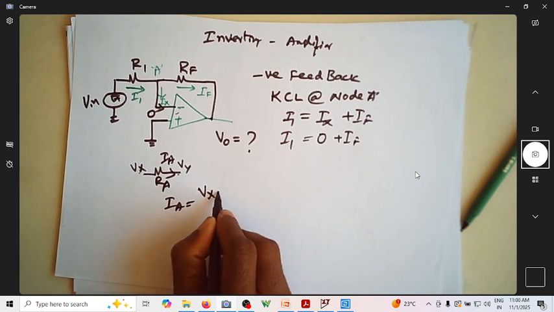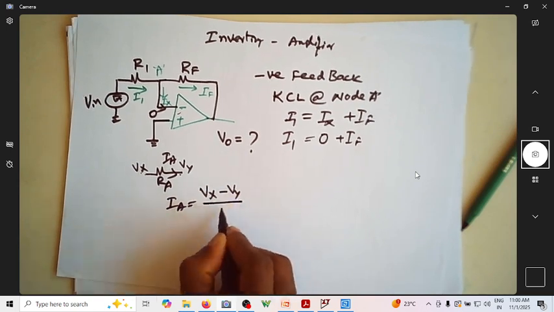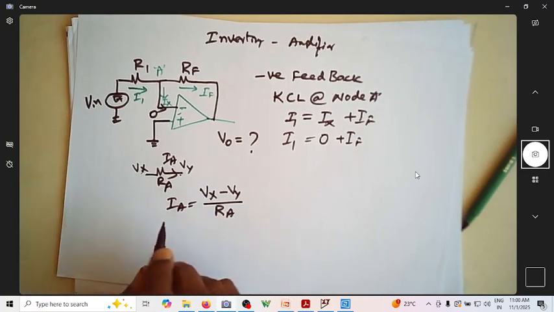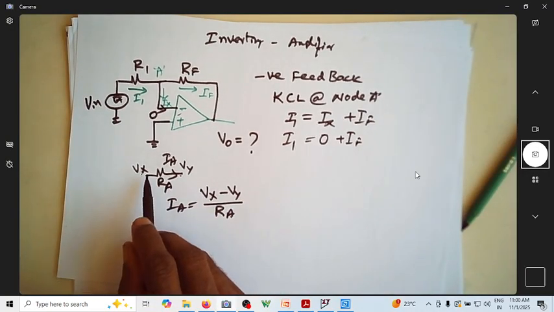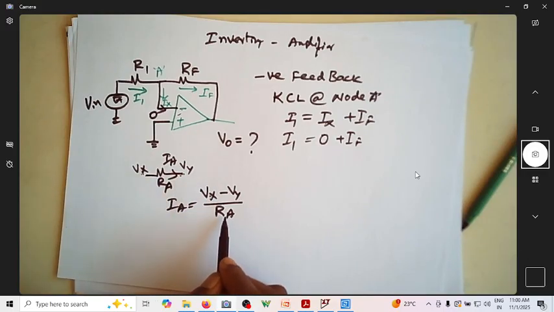Actually it is Vx minus Vy divided by Ra.